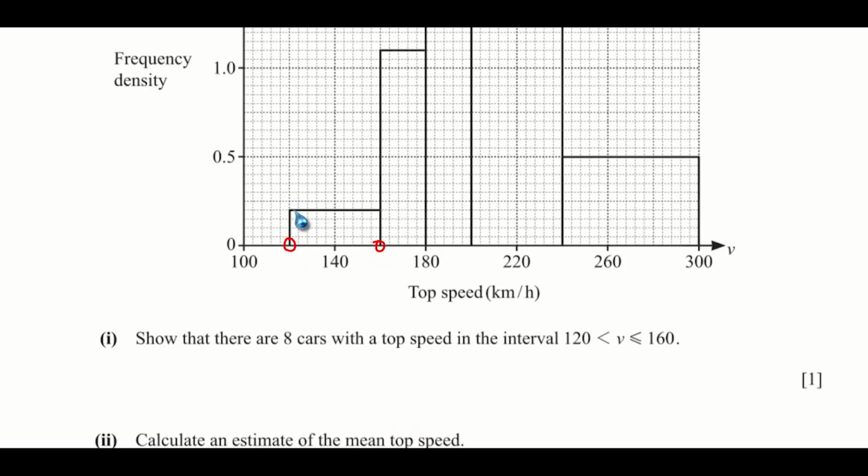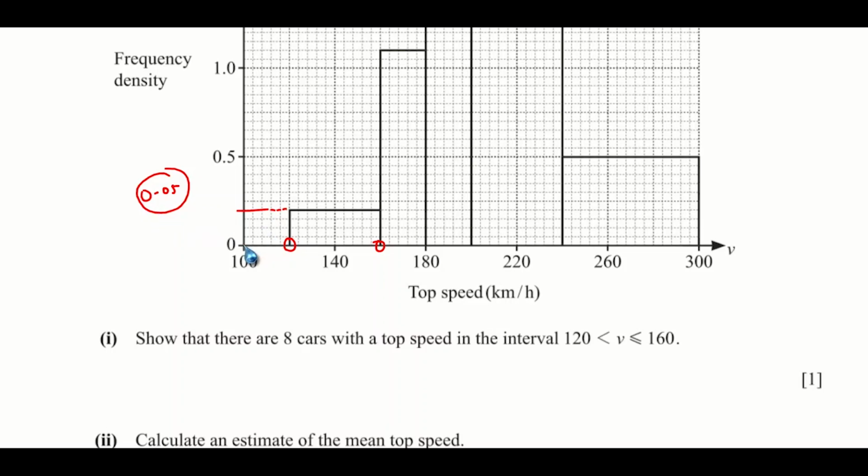If you trace this one here, we need to get the frequency density here. So what is the frequency density here? We have 0.5 here. That means the value of a line along the frequency density will be 0.5 divided by 10. So that will be 0.05. That's the value of a line here.